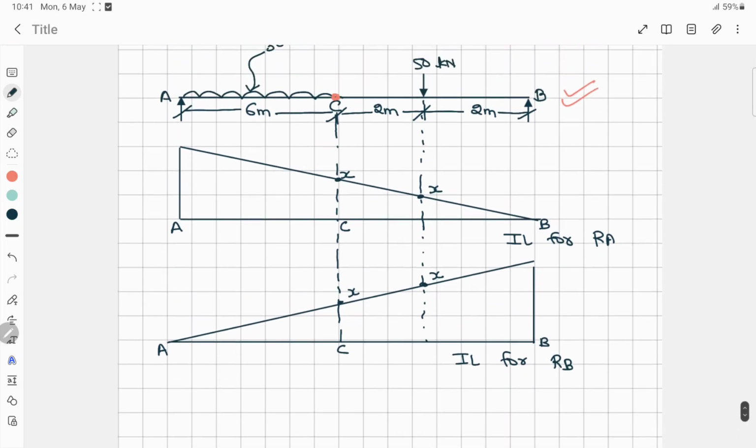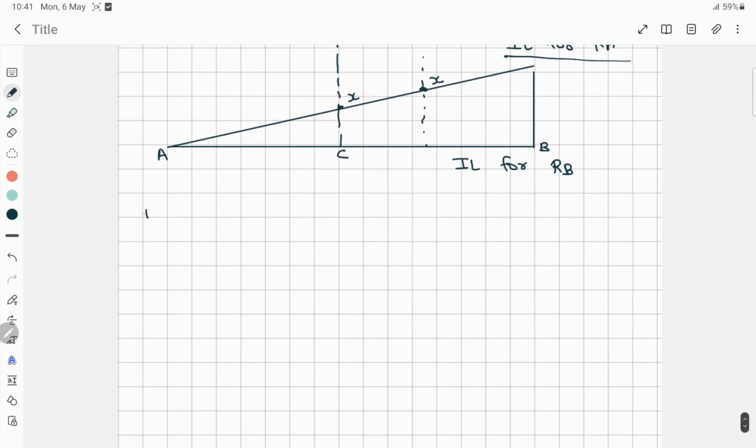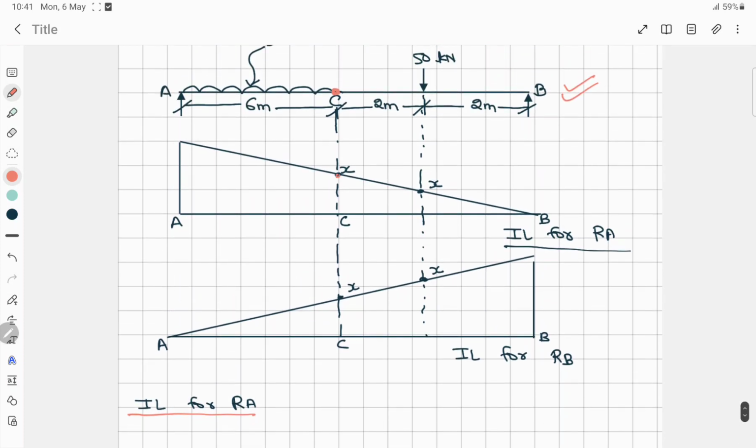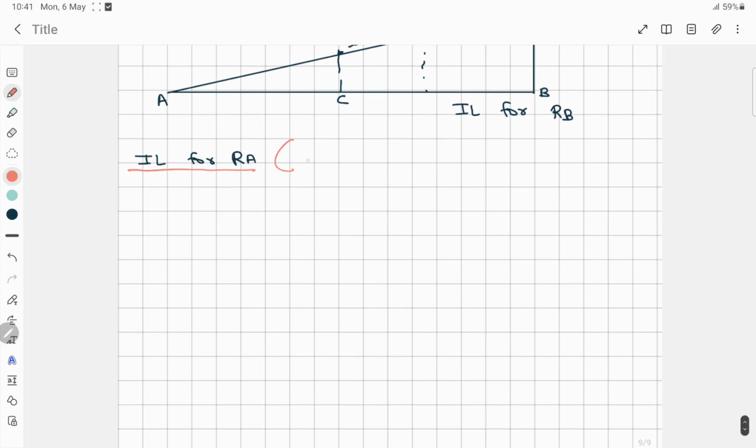Now we will find for the IL for RA. So I'll write here IL for RA. We'll find these values from the similar triangle method.